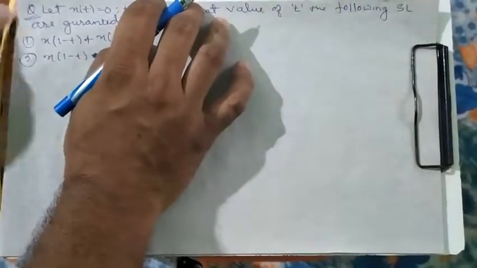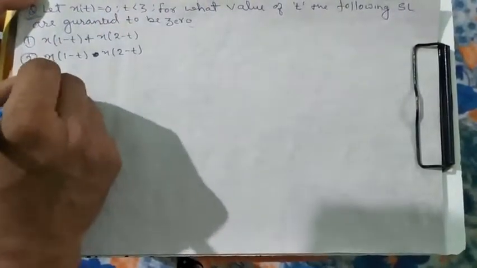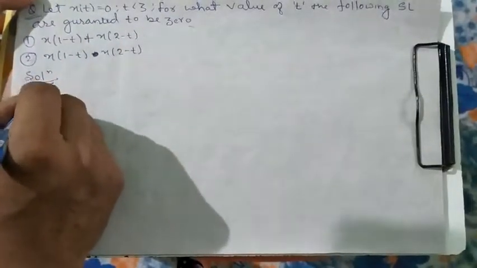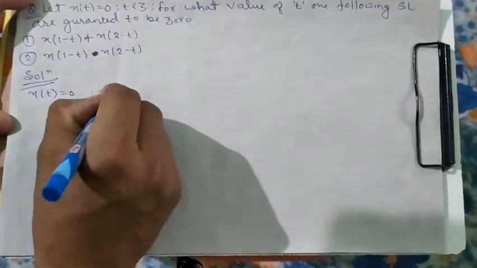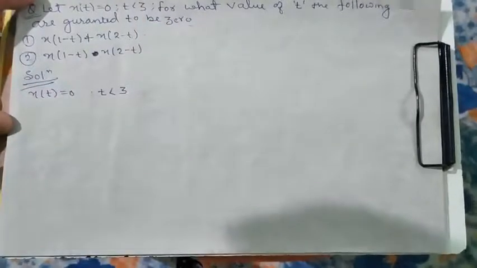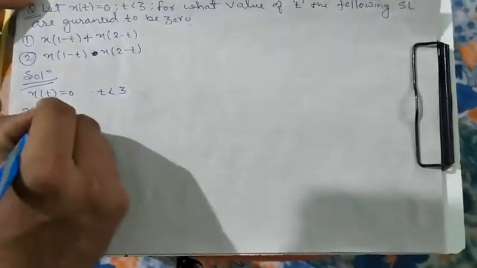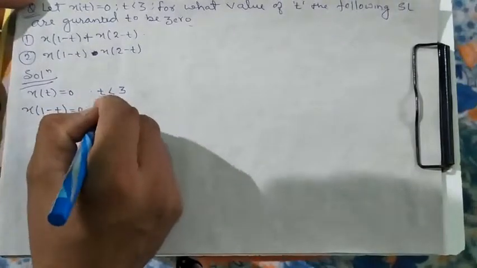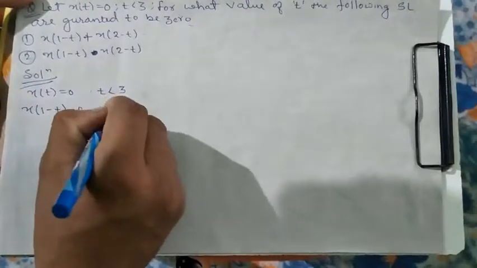Now see, we'll solve this individually. Let's suppose solution. Now see, from the given statement, x(t) is 0 for t less than 3. That means if we take x(1 minus t), it will be 0 only when 1 minus t is less than 3.